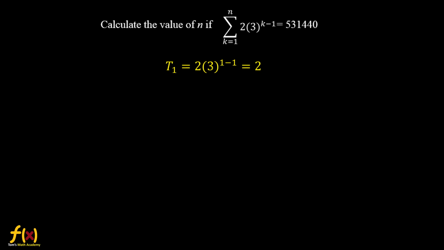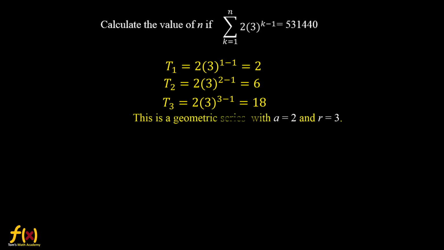So we start by writing the terms and checking the sequence: 2, 6, 18. So we realize that it is a geometric sequence or series. When it comes to the exponential pattern, like 3 to the power, you must know that it is going to be a geometric series. Now a is 2, and the common ratio, 18 divided by 6 or 6 divided by 2, is 3.